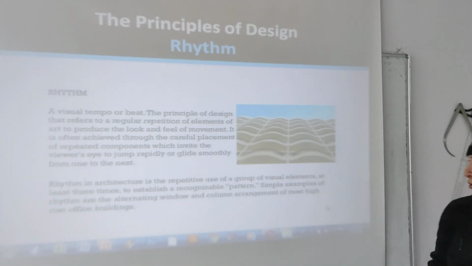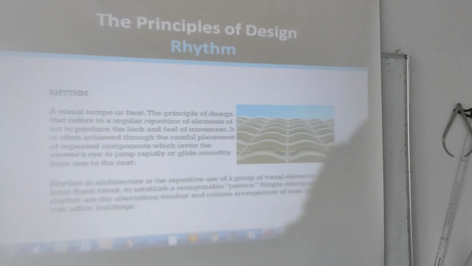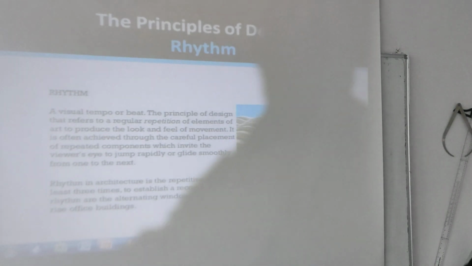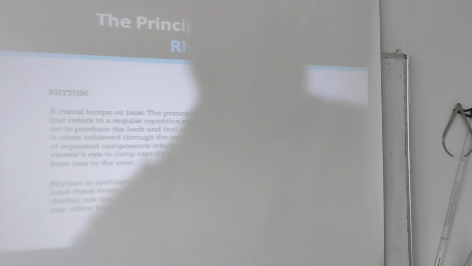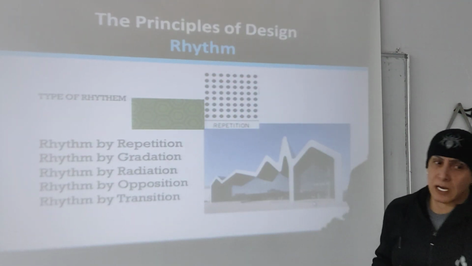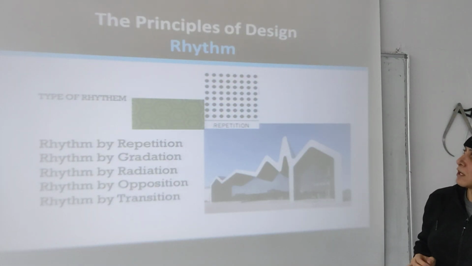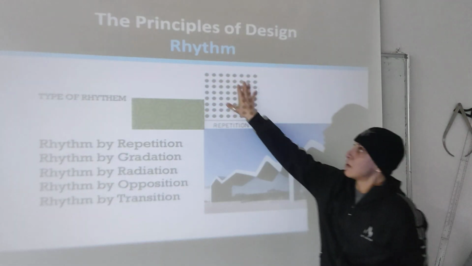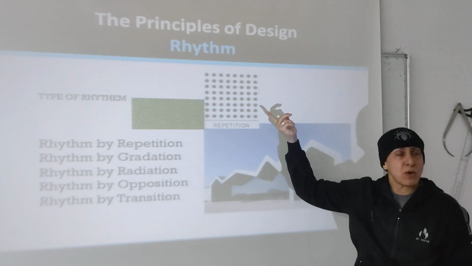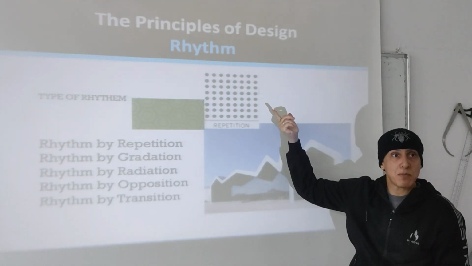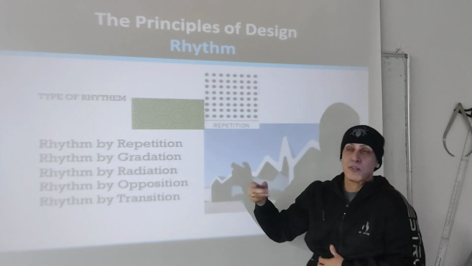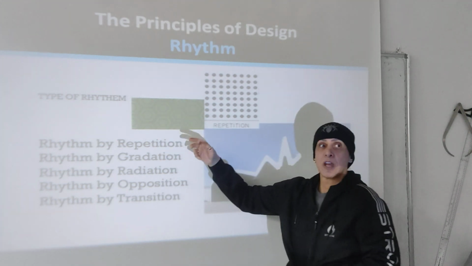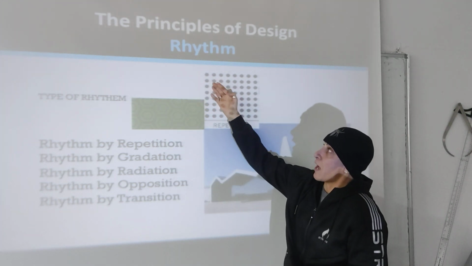Now, we will see plenty of examples. So, here we have what? Again, elements. What are these elements of design? Shapes. Circles, shapes. These are shapes also. And what is happening here?